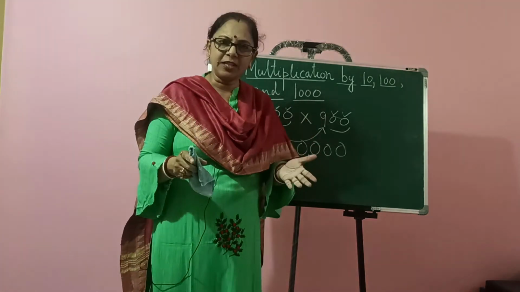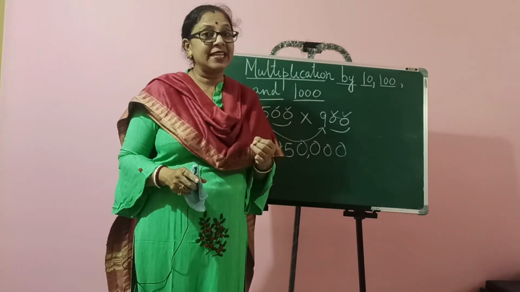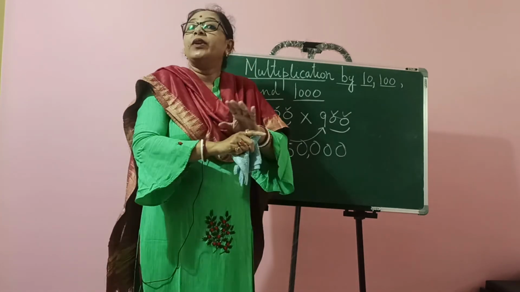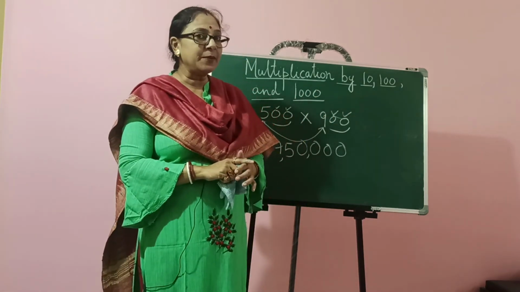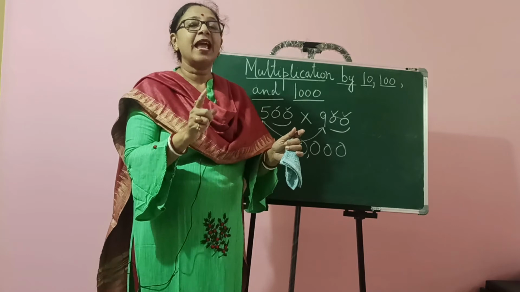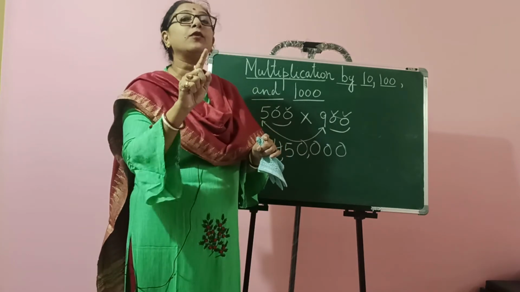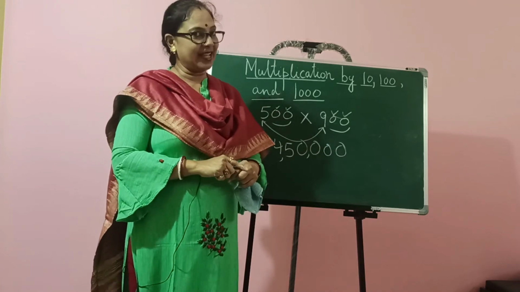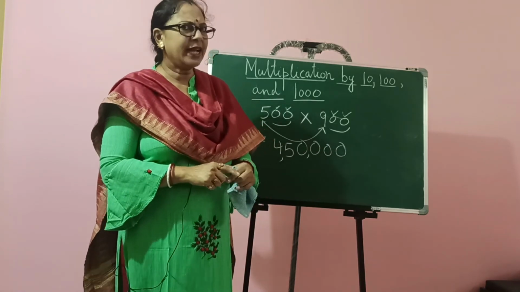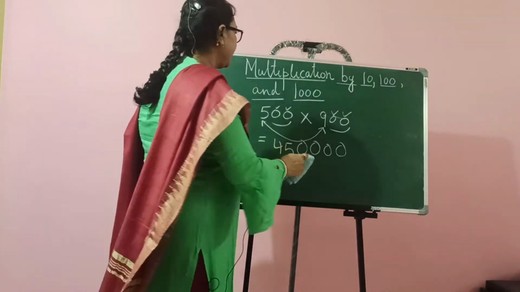Whenever we have to multiply any number by 10, 100 or 1000, we never go for long multiplication. We just multiply the non-zero numbers and then add the number of zeros at our right, and thus get the product as our answer.